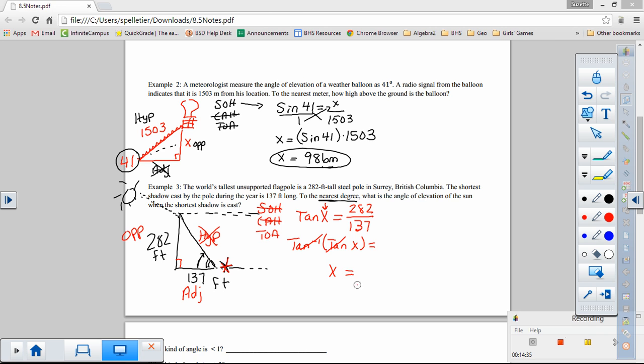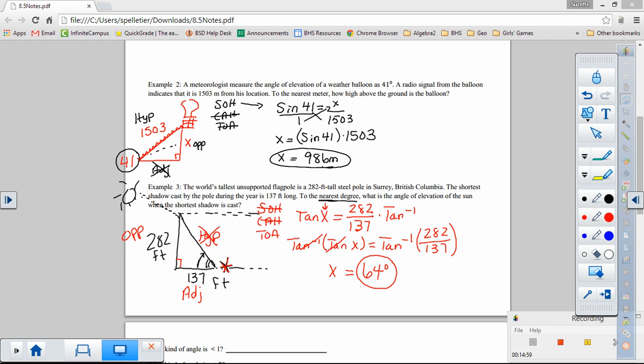But if I multiply one side by the inverse tan, I have to multiply the other side by the inverse tan. So now I have x equals the inverse tan of 282 over 137. Plop that in the calculator, and you're going to get a 64-degree angle of elevation.